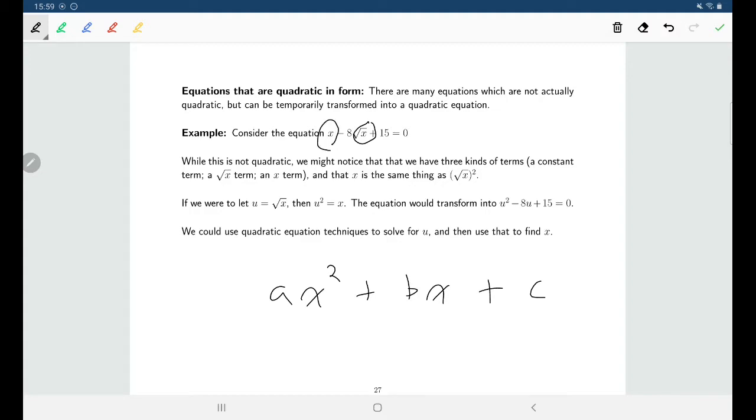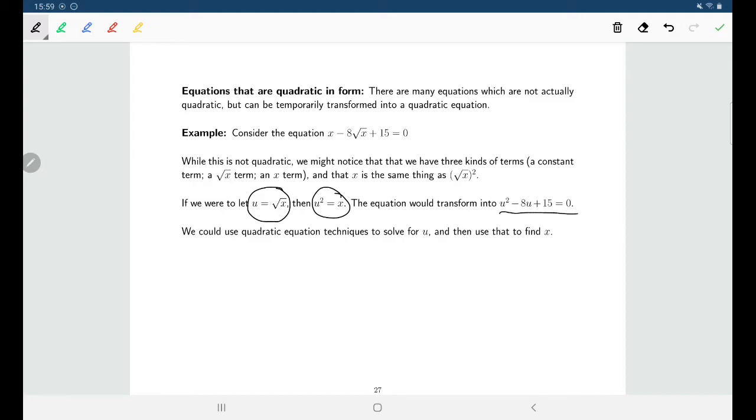If you were to square the square root of x, that would just give you x. So the idea is that if we say that u is equal to the square root of x, then squaring both sides, u squared should be the same thing as x. So you can transform it from something that wasn't quadratic into something that is.